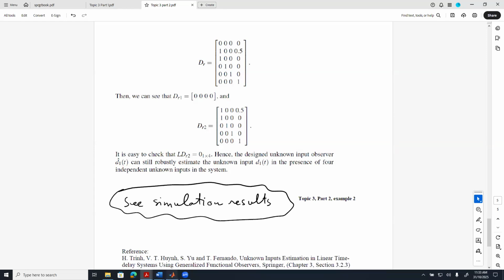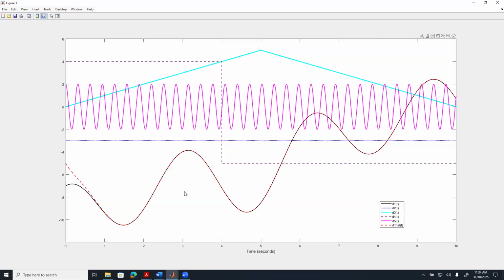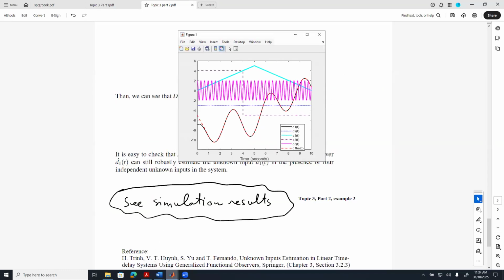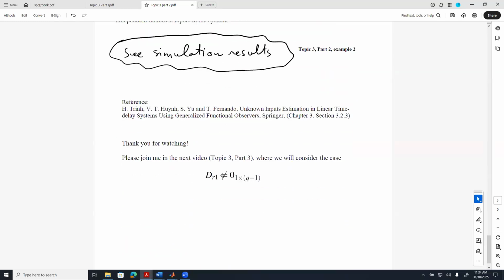But still, the observer asymptotically tracks the required targeted unknown input in the presence of so many unknown inputs simultaneously affecting the system. Okay, so that's basically this presentation. And this presentation is based on, again, our book in chapter 3, section 3.23.